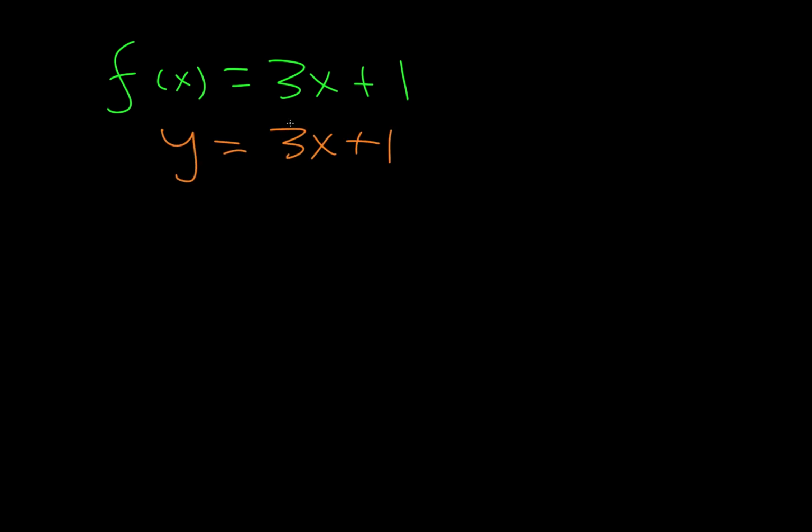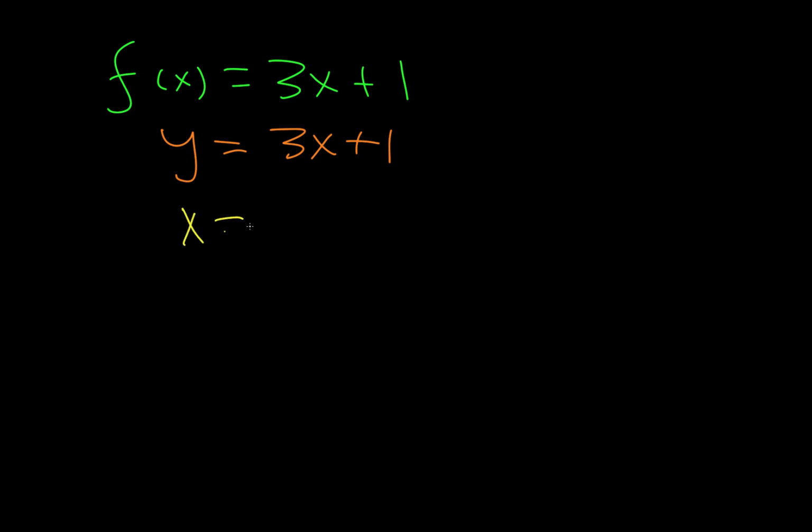Now, the majority of your homework is going to be doing it this way. So we're given f of x. When we're doing inverse functions, it's best to put it back in xy notation. So change f of x, g of x, h of x, whatever you have, into a y. The next thing you want to do is apply the definition of an inverse, which is to switch the x and the y's.